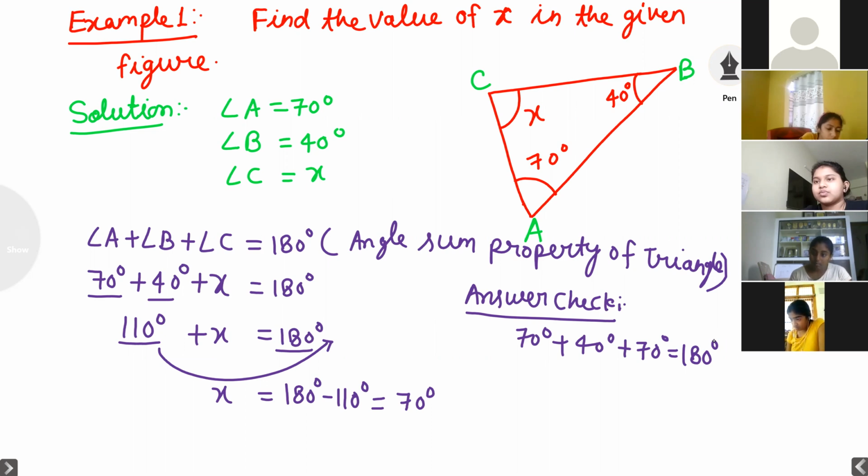We can get the third angle. Note down, everyone. Example 2.